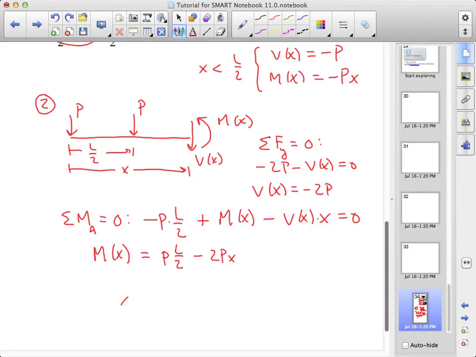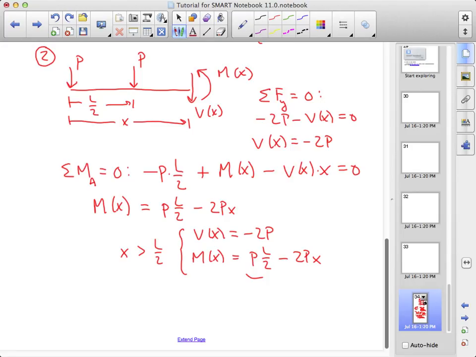So our results for x greater than L over 2 are that V of x is minus 2P and M of x is PL over 2 minus 2Px. Now we'll just make a note here. Even though our results are for x less than L over 2 and x greater than L over 2, let's just consider what M is at x equals L over 2.